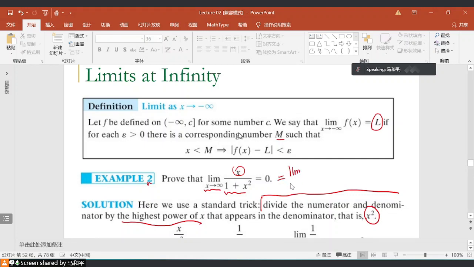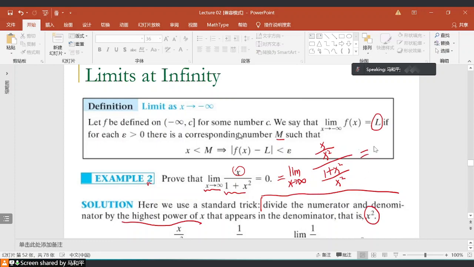Okay, we divide the numerator by x squared and the denominator by x squared. So they are the same, right? They are all divided by the same x squared.